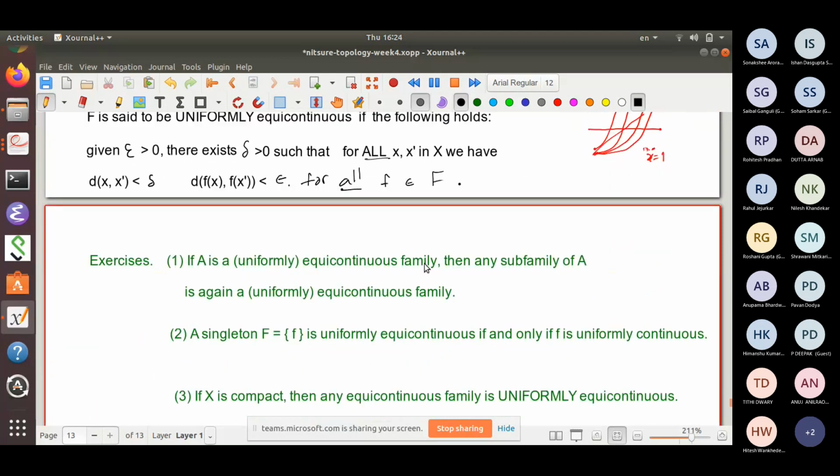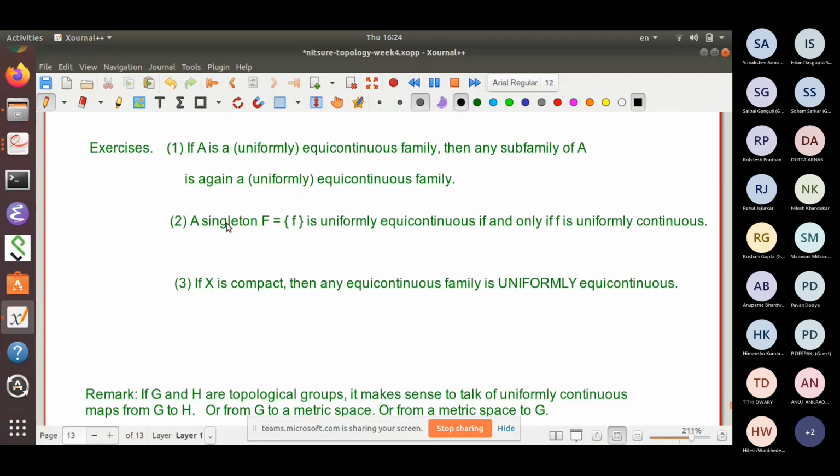Now, here are some exercises, very trivial exercises just to test whether you have followed the definition. If a family of functions is uniformly equicontinuous, then any subfamily is uniformly equicontinuous. If a family is equicontinuous, then a subfamily is also equicontinuous. True?